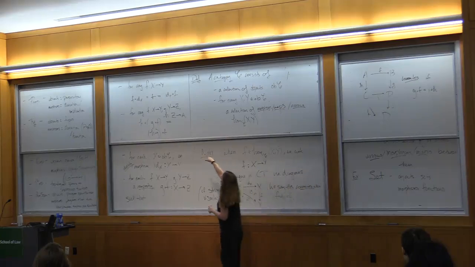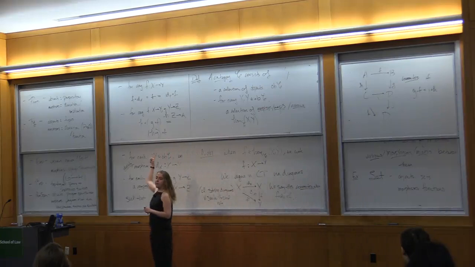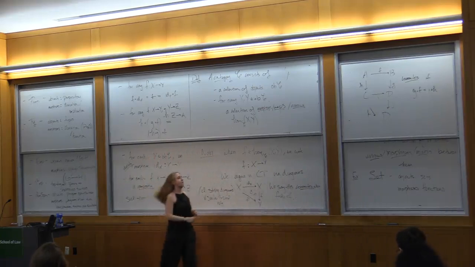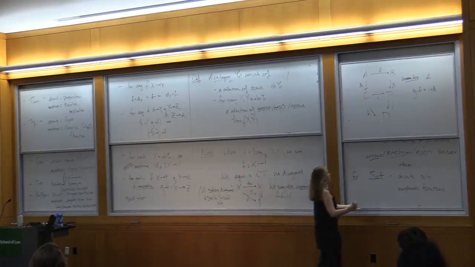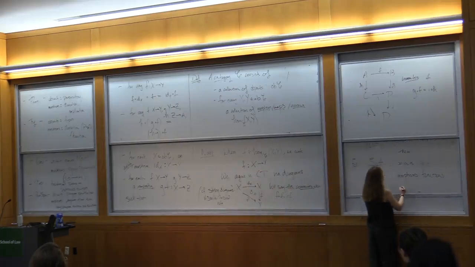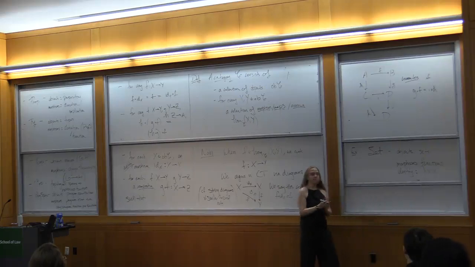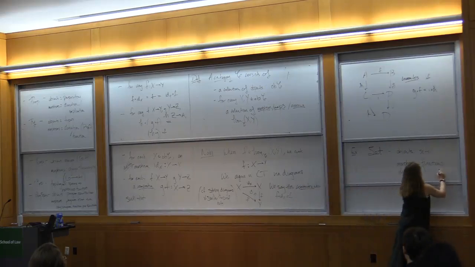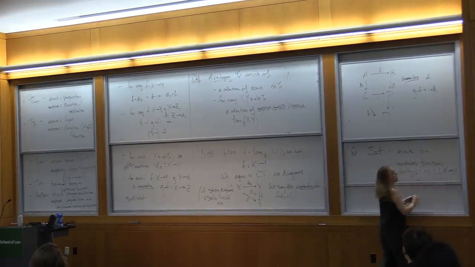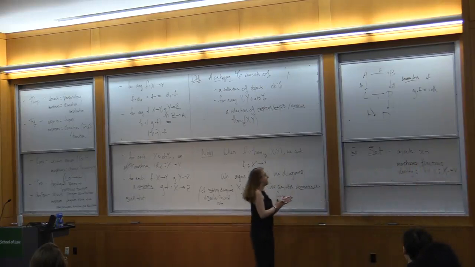Now we need a particular element from x to x, and that's going to be the identity function. In lambda notation, we can write the identity as lambda x dot x, going from x to x for a particular x.